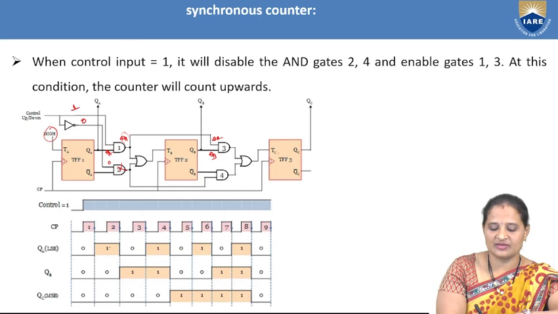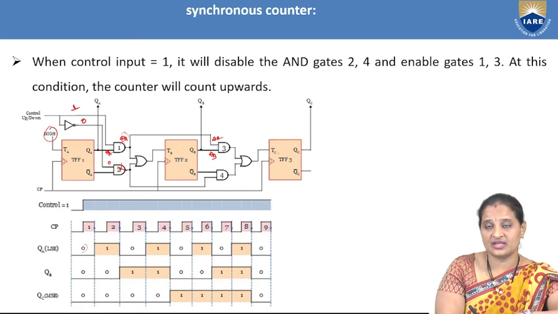Whereas this is given as input to the third flip-flop. So 0 into 1, 0. So 0 is given, and hence the third flip-flop will never change its state. And what is the output of the second flip-flop? QA is given as input to this one. What is QA? 0.